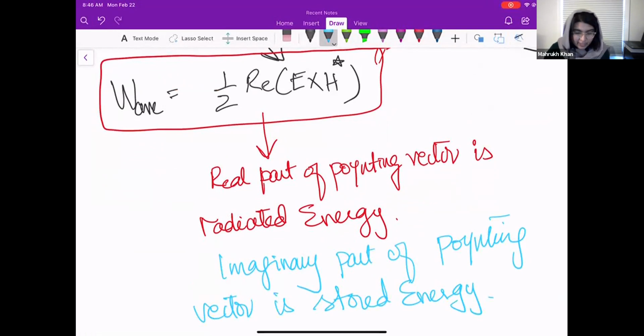Sometimes what happens is that you are transmitting power, and something is not right, it's not radiating, it's going somewhere else. That is where it is storing itself, because we have to follow the conservation law. So it's going somewhere else as stored energy. So that's what we are trying to establish.